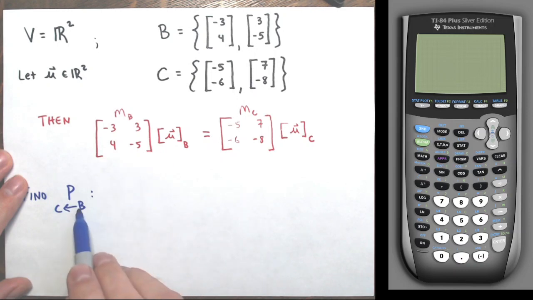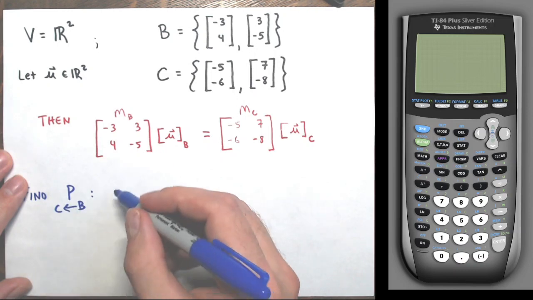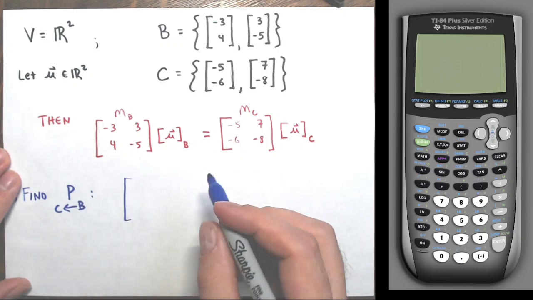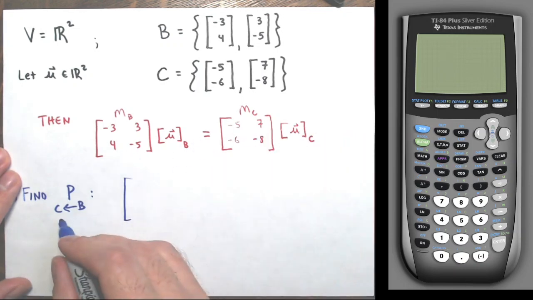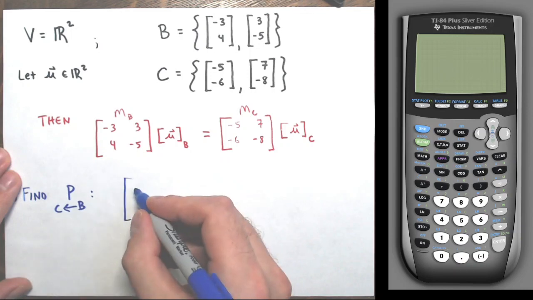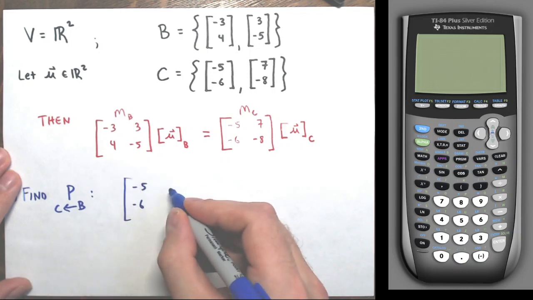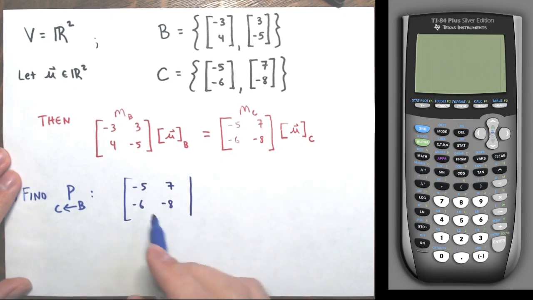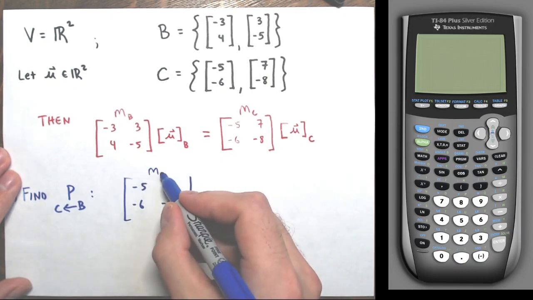The known on the right, the unknown on the left. Now I know I could do the inverse thing as well, but I'll do this. The matrix MC on the left, -5, -6, 7, -8, bar, and then MB on the right.